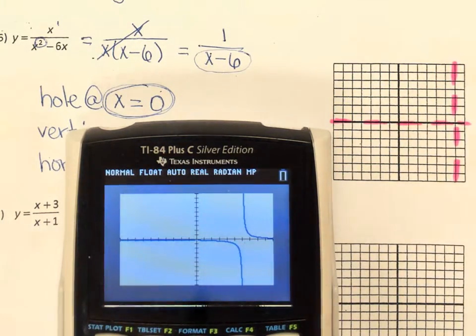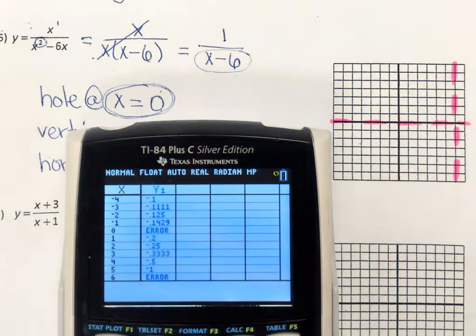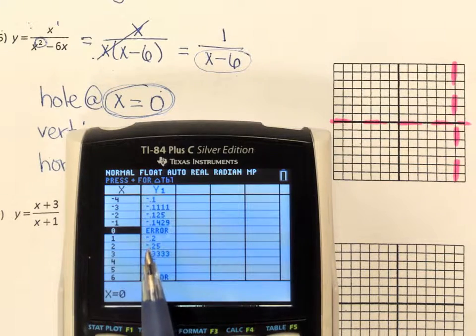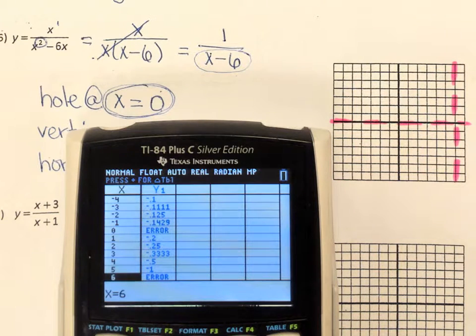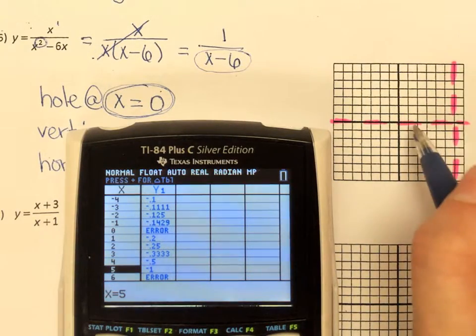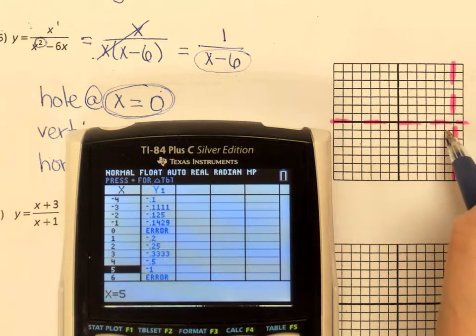All right, here we go. Let's go to our table and see if we have any good things. First of all, let's check. What happens at x equals 0? It's an error, because that's where your hole is, right? Let's see. What about at positive 6? What happens there? An error, because you had a vertical asymptote, okay? Do we have any good decimals? 1, 2, 3, 4, 5, negative 1.